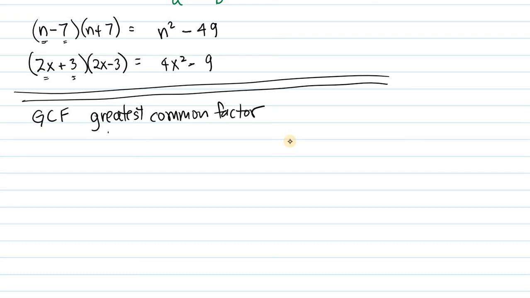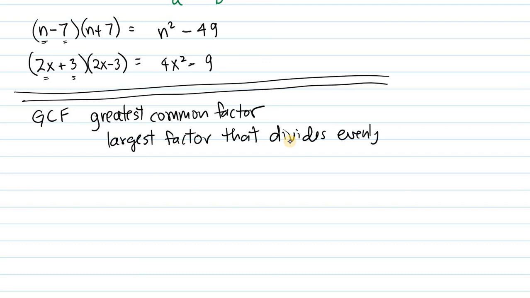And it's going to be the largest factor that divides evenly into every term in the polynomial, okay? Now, remember the factor could just be a number. It could be a number and a variable. It could just be a variable.